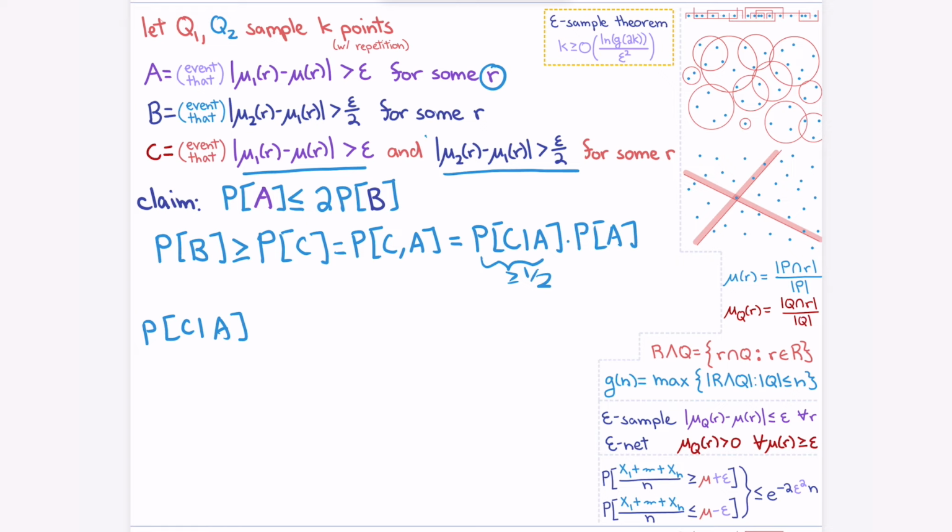Really, all we need to show is this, because this is already given. So you have some range where this is given. Now you want to show that for that range, with constant probability, the two will disagree. Why? Even intuitively, there's an explanation without worrying about the calculations.